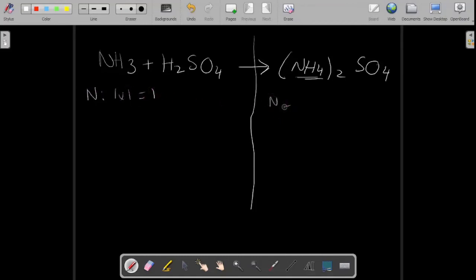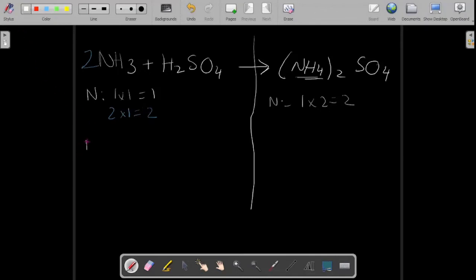We said that here we had 1 times 2, because 1 inside, 2 of them equals 2. That is not a balance. So I'm going to put it in blue just so you can see. My stoichiometric coefficient right now that needs to be here is a 2. I may need to change it later, but right now we're going to put 2. So it's 2 times 1 equals 2. It seems to be balanced.